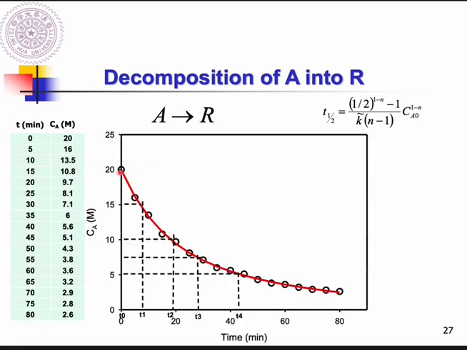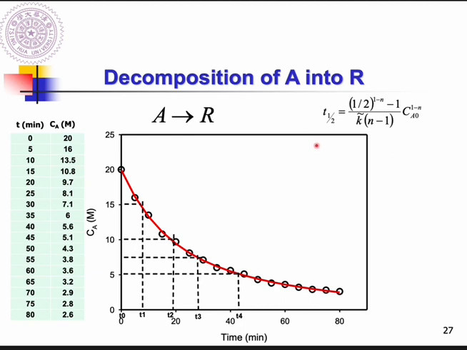With the same idea, I plot the concentration of reactant A as a function of time, and use a smooth curve to represent the data points. This is the equation I derived. Before I use this half-life time method, I need to make sure this reaction does not belong to first order reaction.